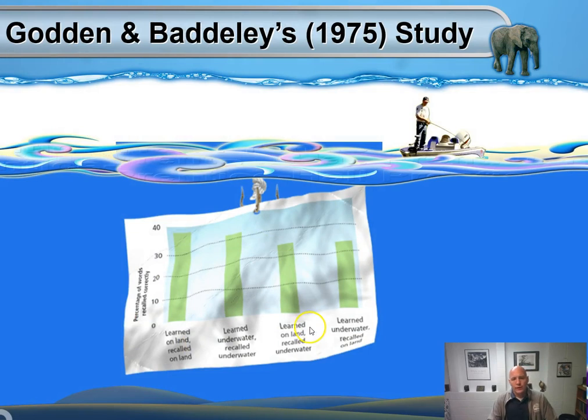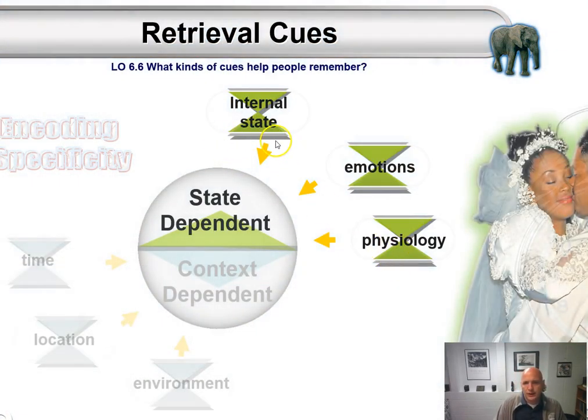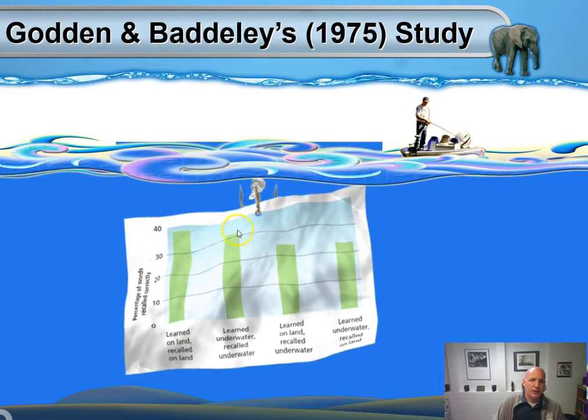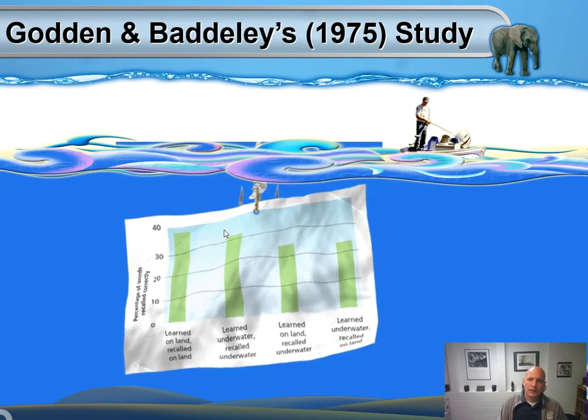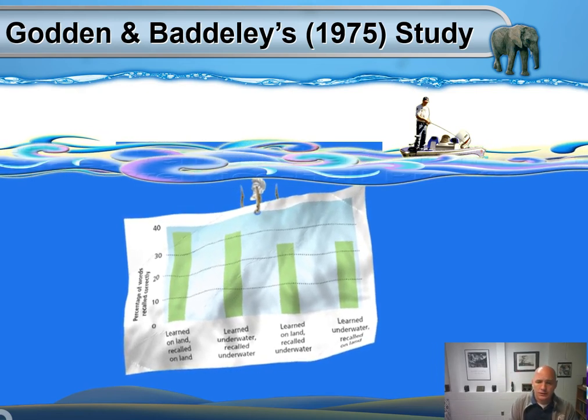Also, there's not just context, but there's also state-dependent learning. If you're happy when you're studying, then if you're in a similar emotional, physiological state, that should help. Whether it's an internal state, whether it's an emotional state or physiological state. So there's a famous study by Godden and Baddeley in 1975, and they had people submerged underwater with scuba gear.